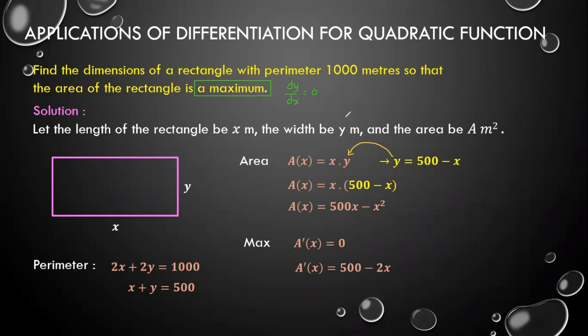Do you understand, students, how to find that? Yes. dA over dx is 500 minus 2x, right?